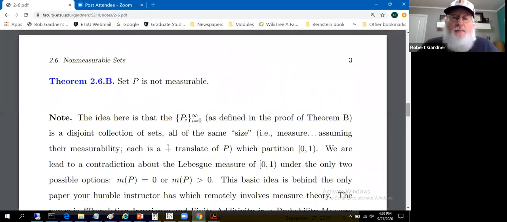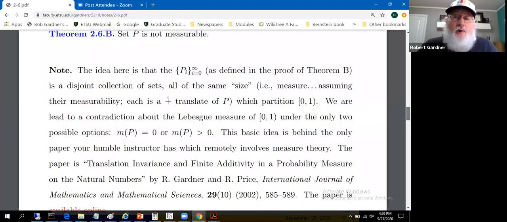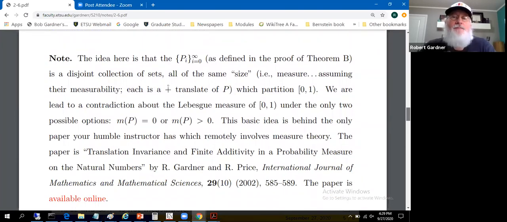All right, so the big idea, one more time: we got these p sub i's, a countable number of them. We went to some weird lengths to make that a countable collection. Countable collection, disjoint sets, all of the same size. They are all of the same outer measure. Outer measure is translation invariant, circle plus translation invariant.